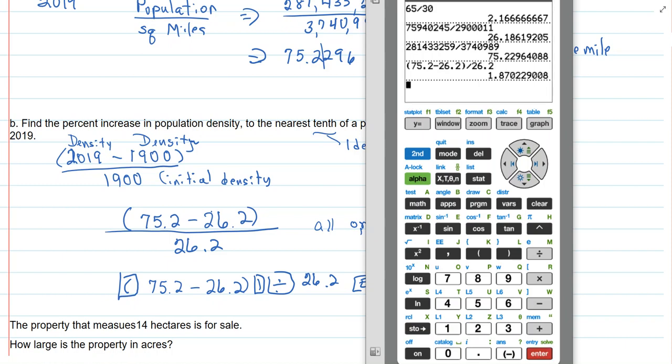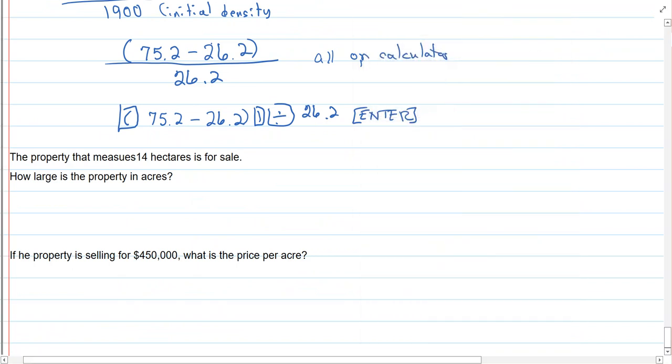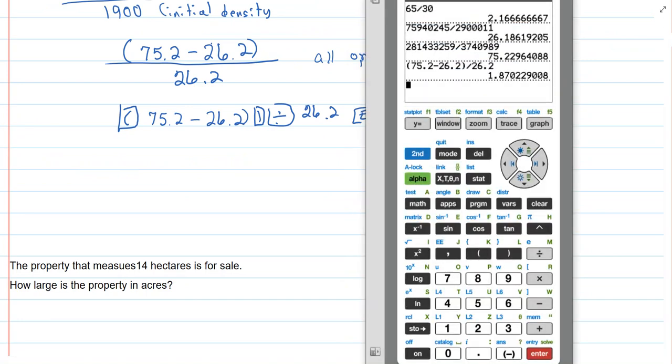All right, so I'm going to enter. And I get, oops, sorry. So now, let me make some room. And I can write what I got as an answer. So the answer is 1.8702, and so on. All right.